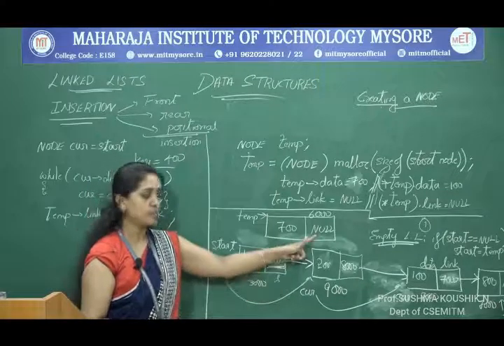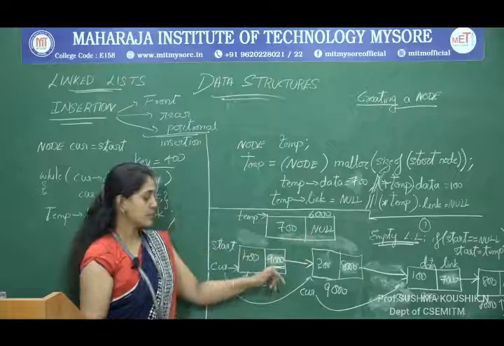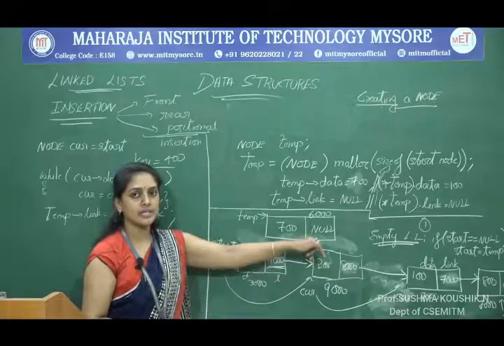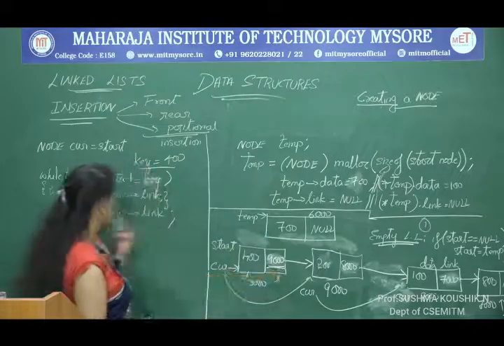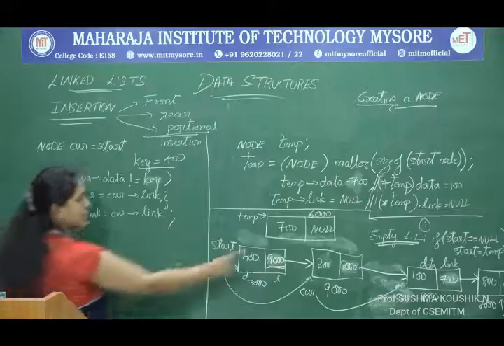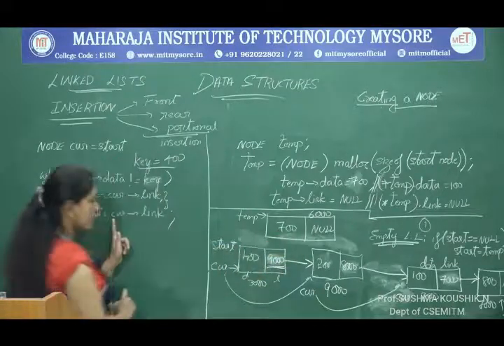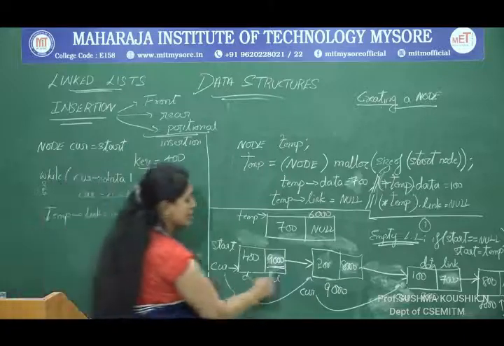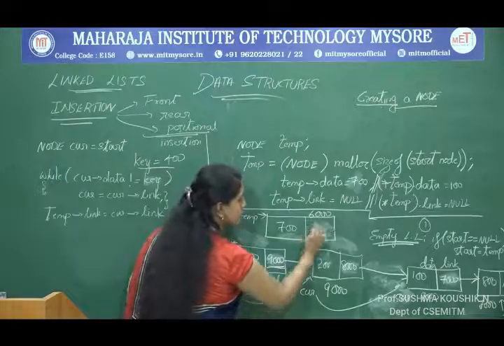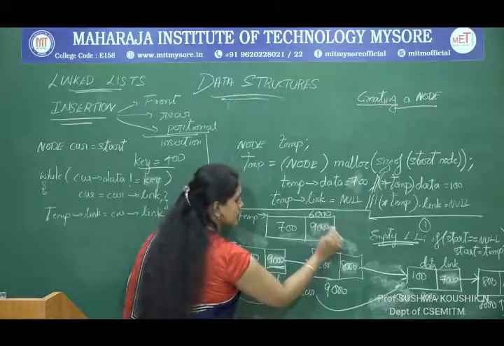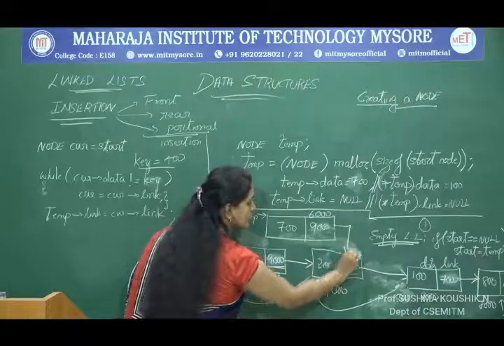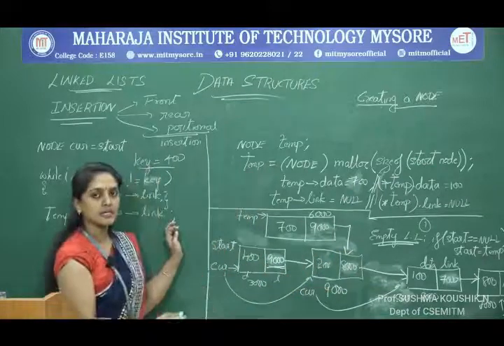Before losing it, I have to make sure that it is used where it has to be. So this line, temp of link, is holding current of link. Current of link is 9000. So this address I have stored, and here this is pointing to this node. So we have set the new path now.